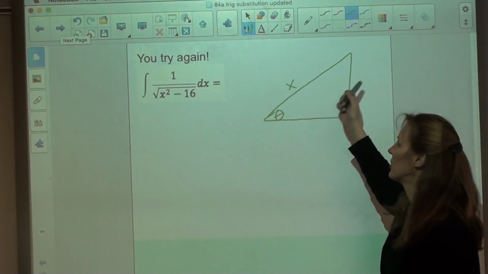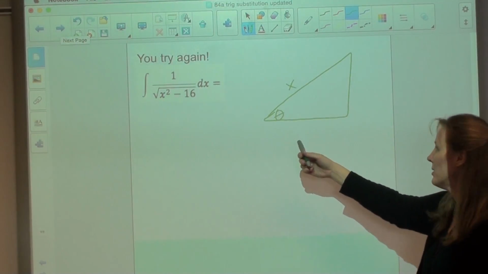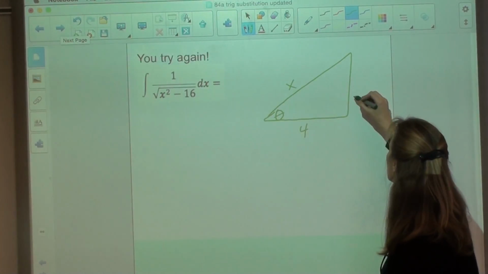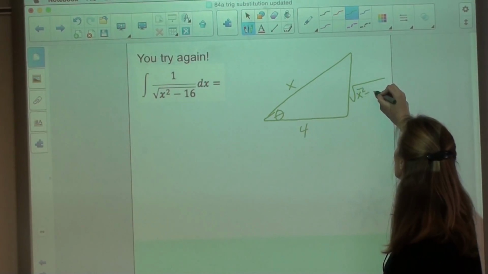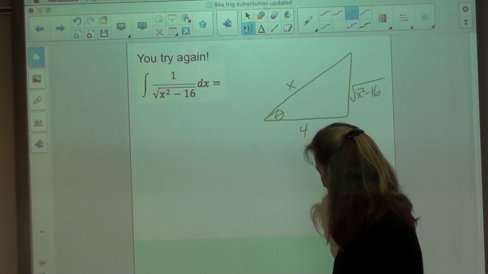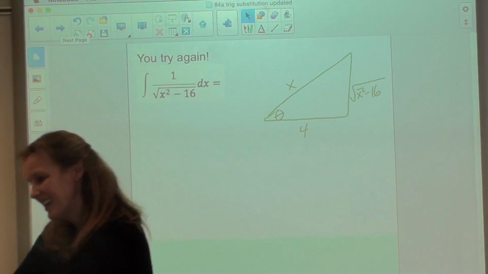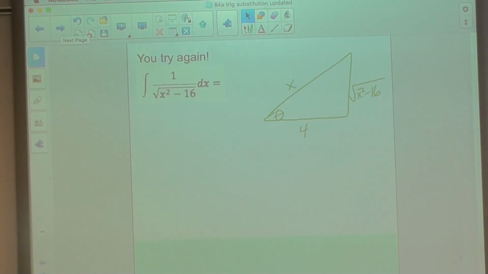Which side do you want me to put the 4 on? The bottom, you want the 4 on the bottom, you got it. Does this one make sense?